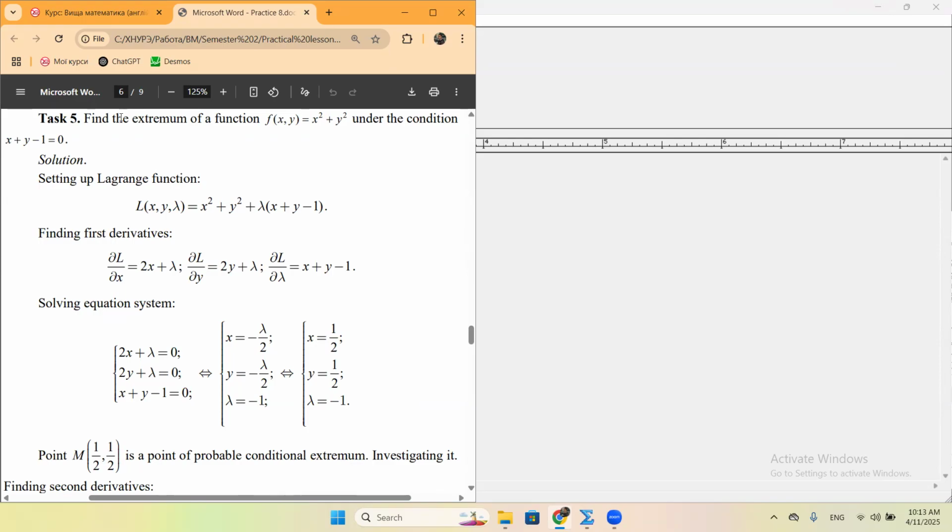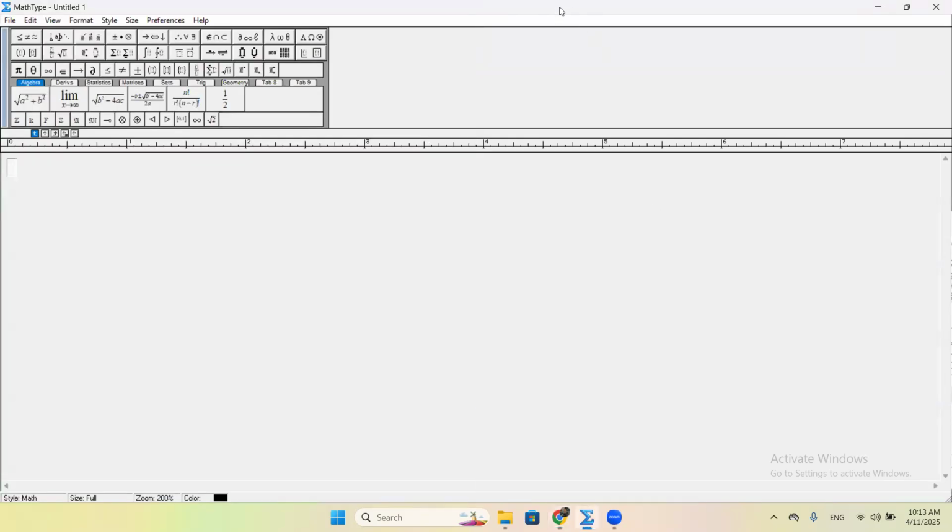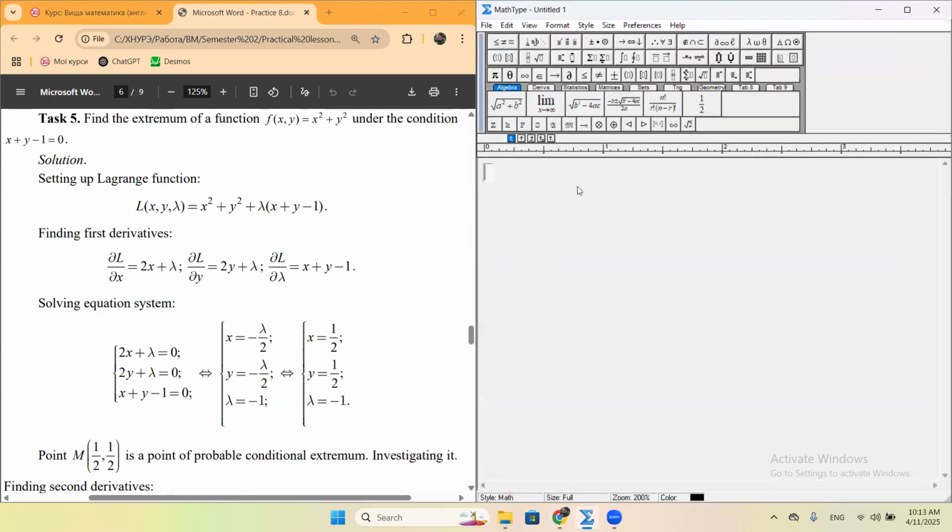So we'll have to find the conditional extremum of the function. So what does it mean? We have the function f of x and y that equals x square plus y square, under the condition x plus y minus 1 equals 0.